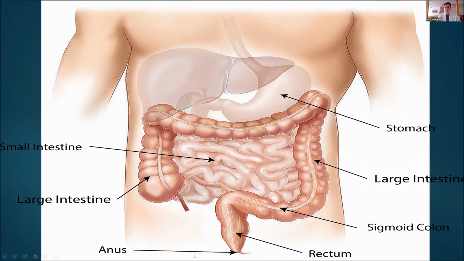Well, the majority of our microbiome that lives in our gut is supposed to be in our large intestine, meaning this big colon, and predominantly even more in the left side of the colon, but the microbiome is going to be all throughout the colon, which is the large intestine.